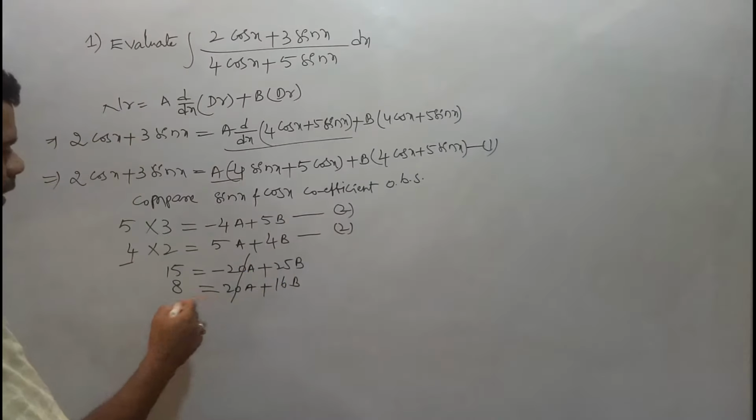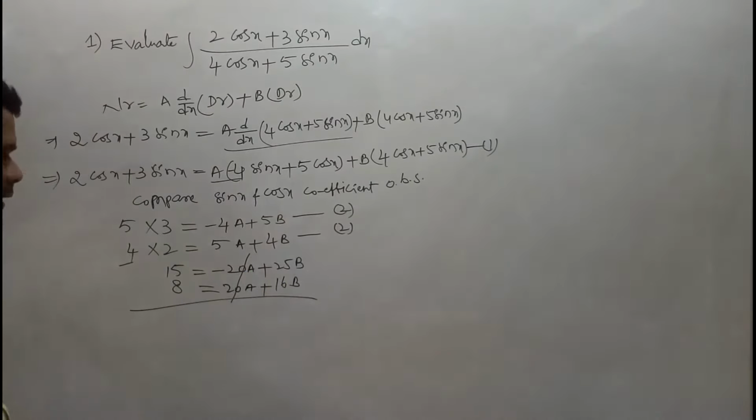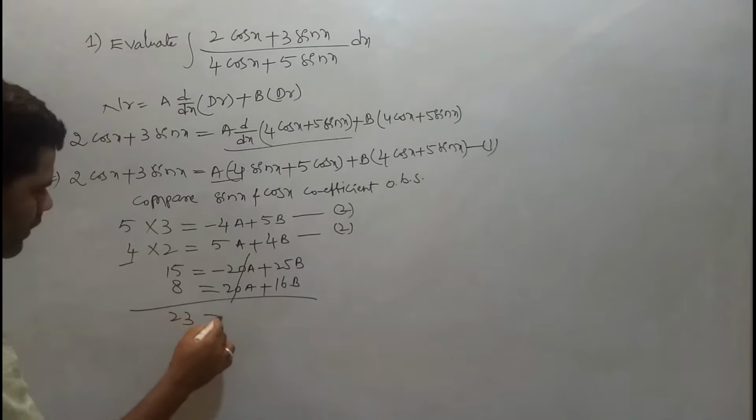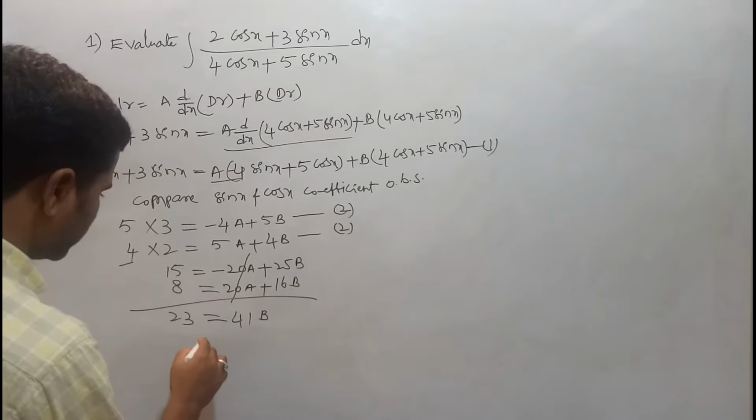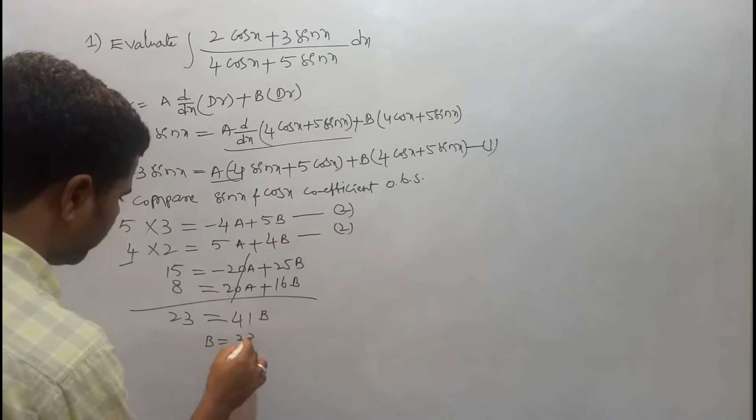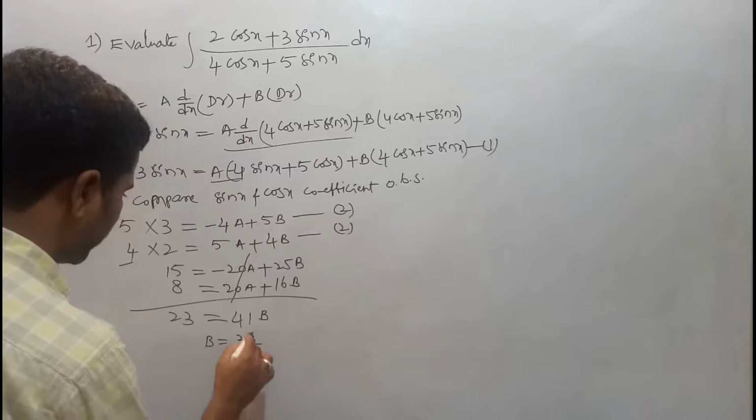So minus 20a and plus 20a get cancelled. Now this is 23 is equal to 41b. So b is equal to 23 by 41.